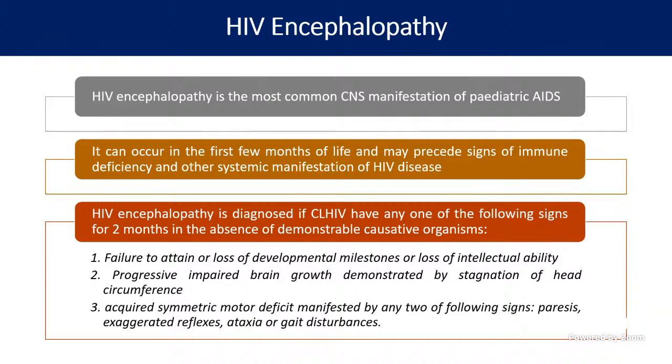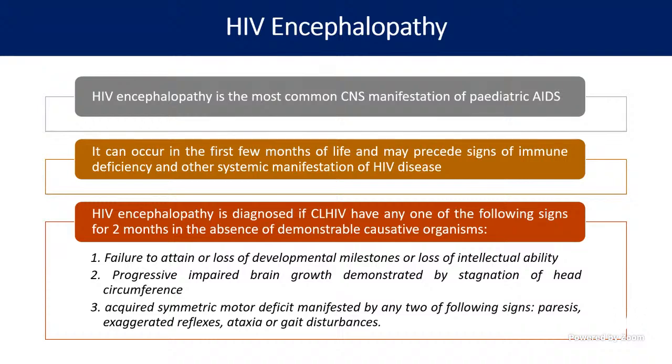So these are very, very important things. You should see the failure to attain or loss of the attained milestones, or progressive impaired growth monitoring, where you see the head circumference. The microcephaly, as I said, if the head circumference is smaller, then you have to be very, very alert that something is going wrong. The child is landing up with encephalopathy.